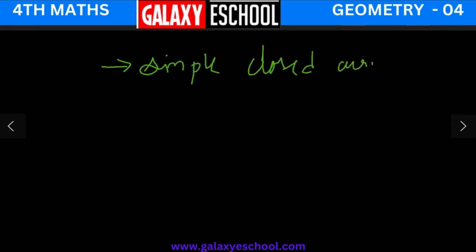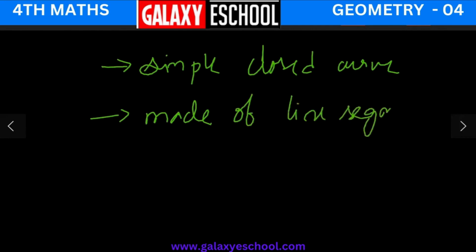For any figure or shape to be a polygon, what are the two conditions, children? A polygon is nothing but a simple closed curve, and also it should be made up of line segments. Now, is a circle a simple closed curve?